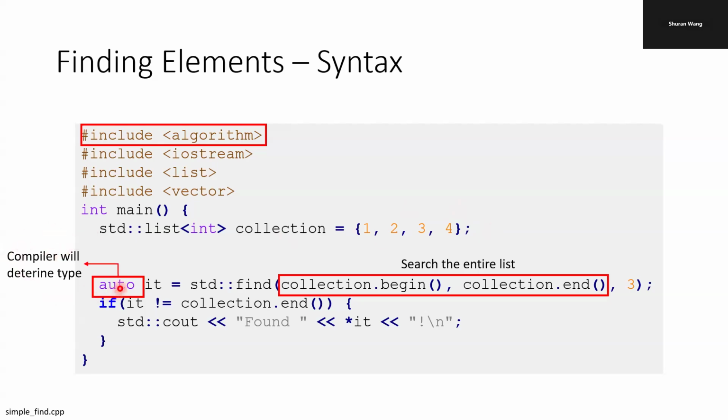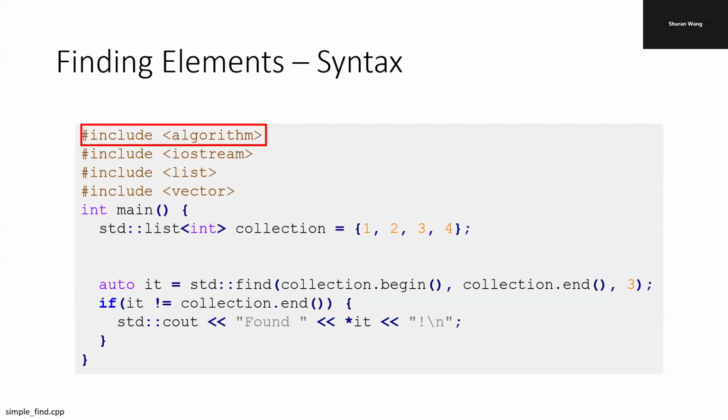The compiler will determine the type, but we should all know that this is an iterator, right? Then we check whether find failed, or it can't find that value, using the comparison with collection.end. Everything should be familiar by this time.